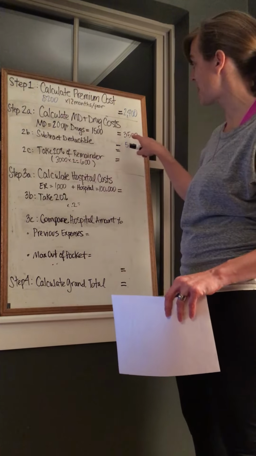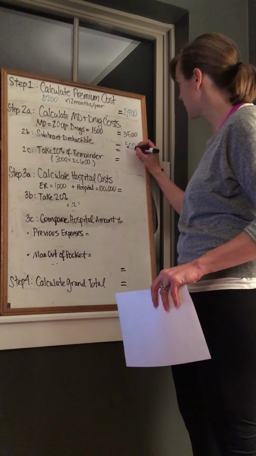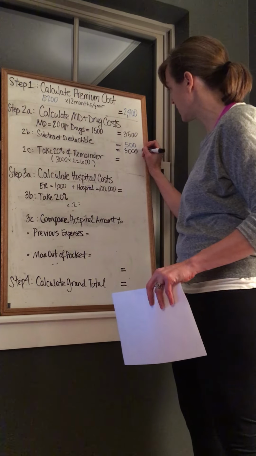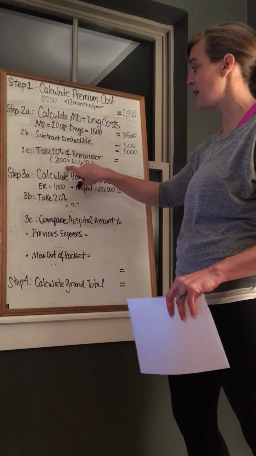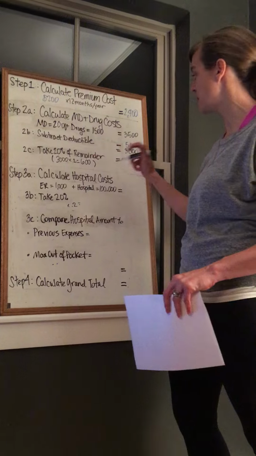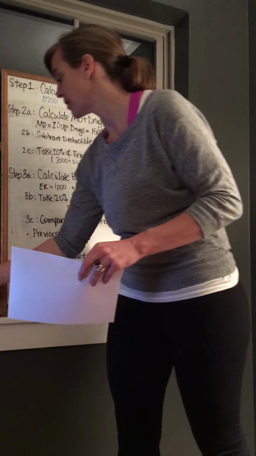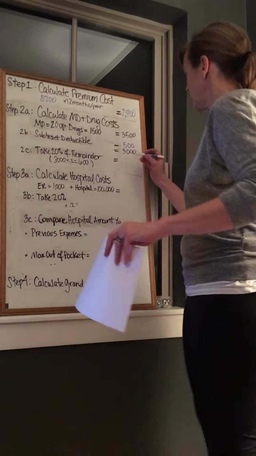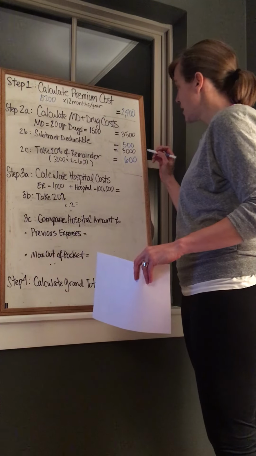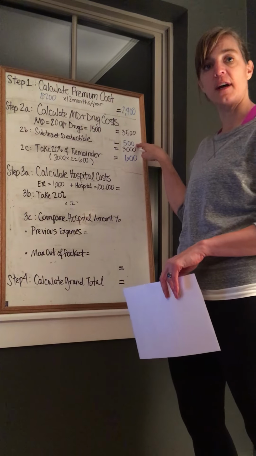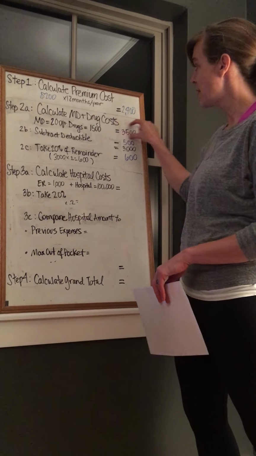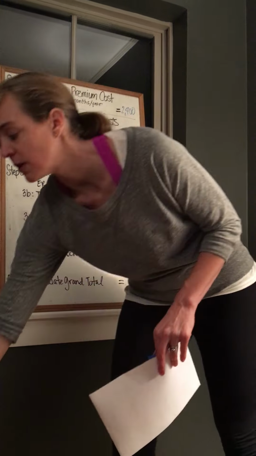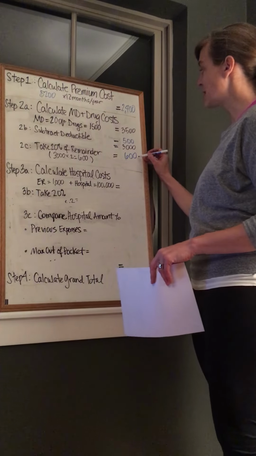So we subtract the deductible, $3,500 minus $500, and we get $3,000, right? And we take 20% of that. $3,000 times 0.2 equals $600. So they had to pay a $500 deductible, and then they had to pay 20% of the remainder of the medical and pharmaceutical costs. And so they end up paying $600.